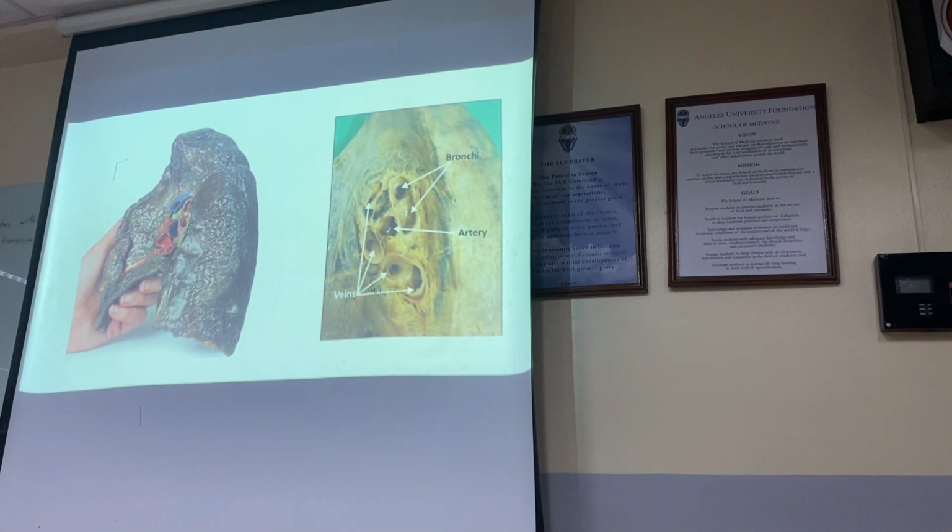What is left is the artery, regardless of where it is. The only one remaining is the artery. Again, anterior, inferior veins, posterior bronchus. That's why in your right, you have an eparterial bronchus above the artery, and the hyparterial bronchus, which is lower than the artery. Get it? What about on the left?